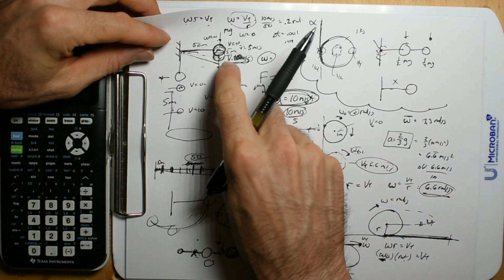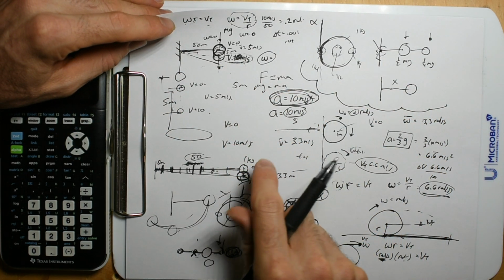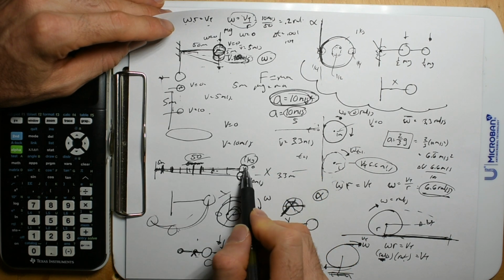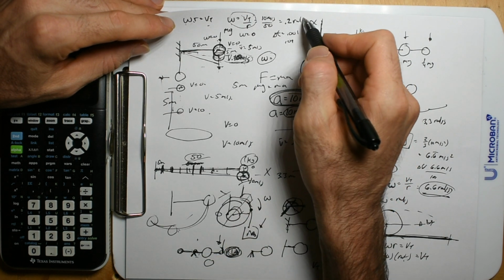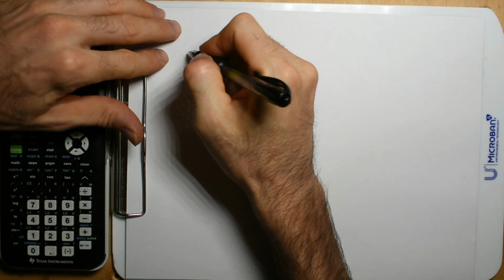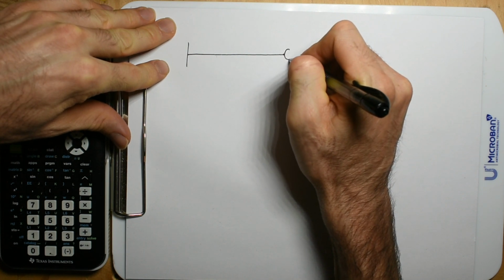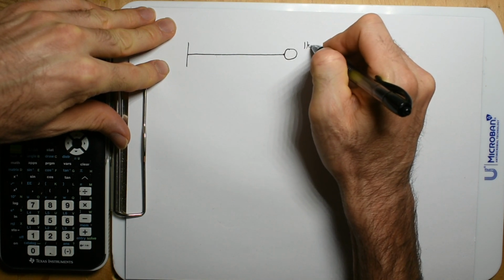So we're going to use this scenario where, what did we have? We had 1 kilogram out at 50, and we were able to go 0.2 radians. Okay, so let's set that problem up. We're going to go out 50, and we have this 1 kilogram mass.